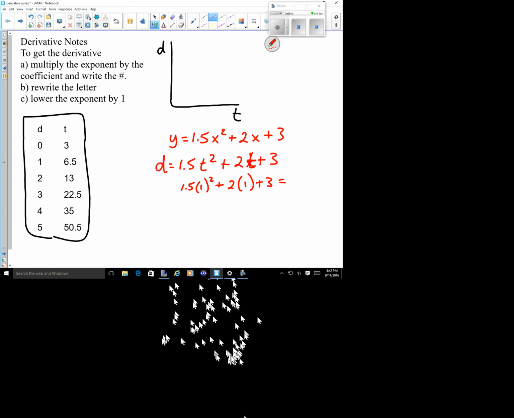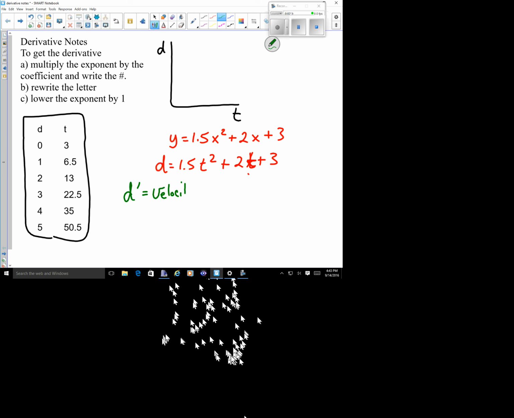Now, let's say I wanted to find out the velocity. In your math classes, you've been learning how to do derivatives, and I am not sure why this works. I just know that it does. If I want to find the first derivative of that equation, the first derivative will equal the velocity. So I'm going to do the process we just did. 2 times 1.5 gives you 3. Rewrite your letter, drop the exponent by 1, and you get 3t to the first power.